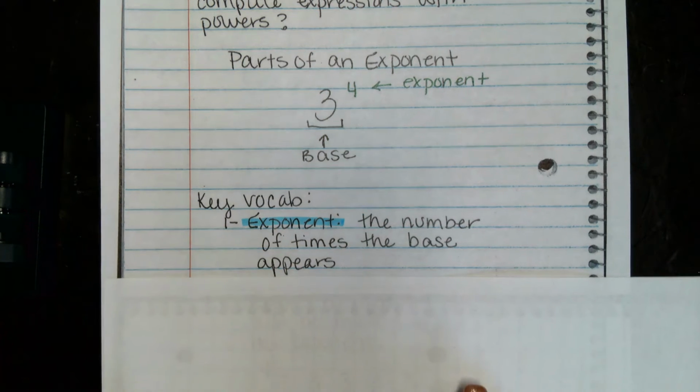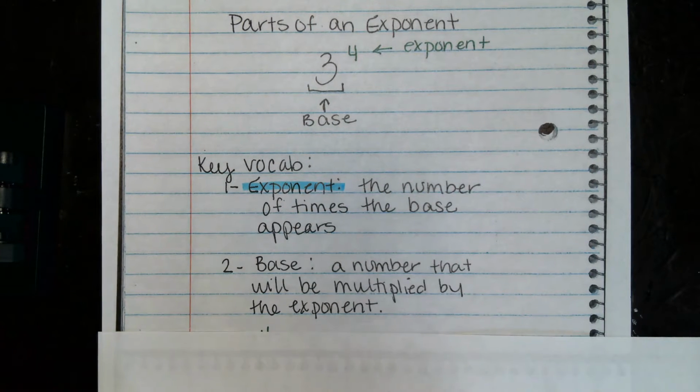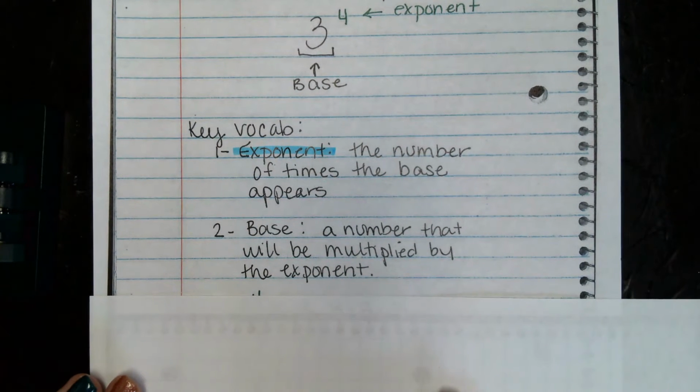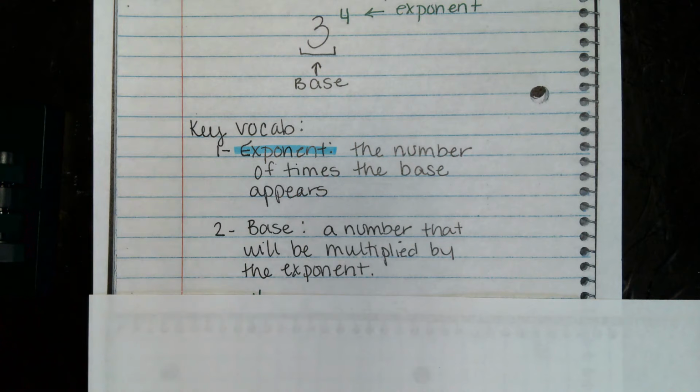Now, our base is this. The base is a number that will be multiplied by the exponent. So when I have 3 to the 4th, that means I'm going to have my 3 four times.